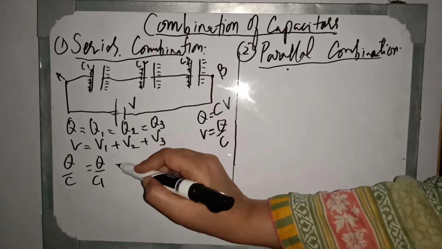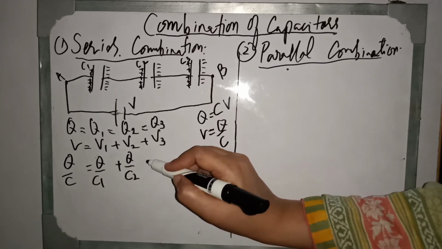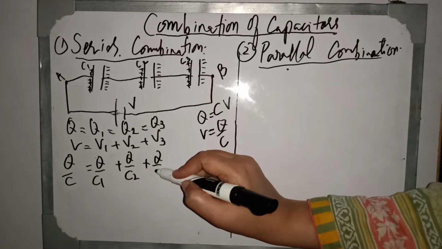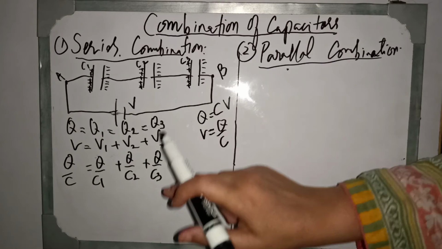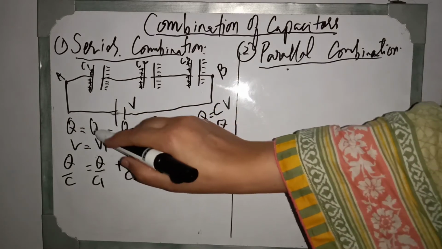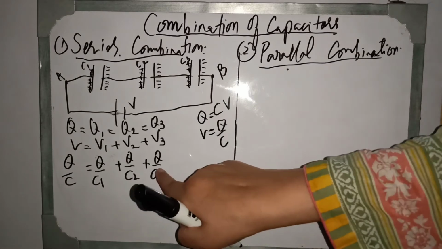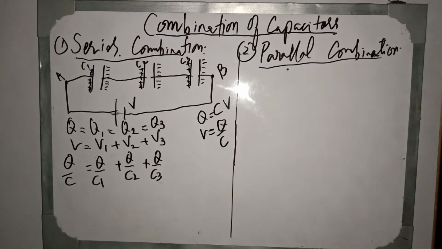This potential V2 is equal to Q over C2. And this potential V3 is equal to Q over C3. We have not used Q1, Q2 and Q3 because in the beginning we have written that Q is equal to Q1, Q1 is equal to Q2 and Q2 equals Q3. But the values of potentials and the values of capacitance will be different. So we have used V1, V2 and V3.